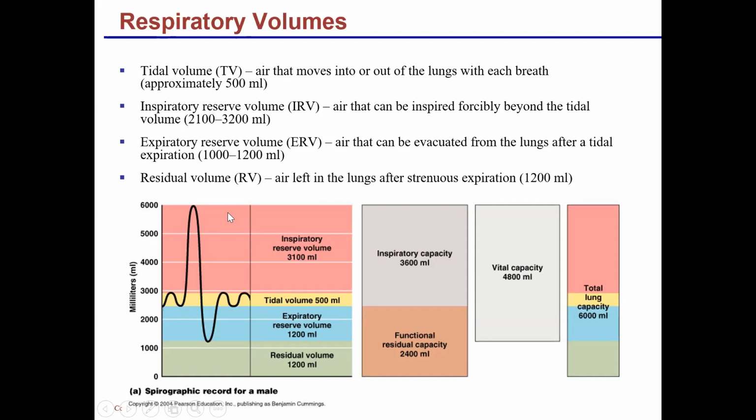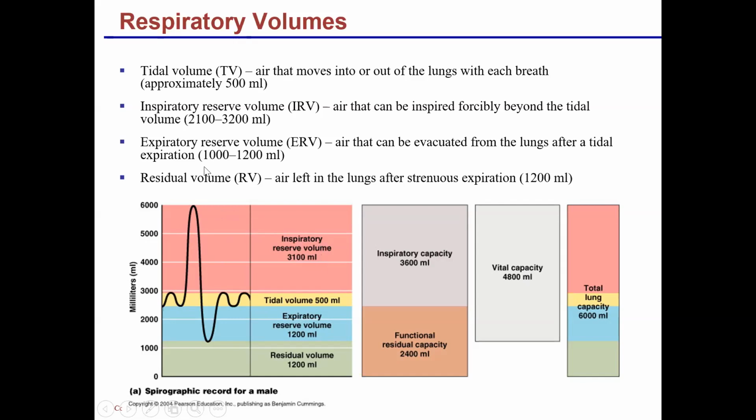These muscles' contraction will allow the thoracic cavity to increase its capacity and allow more air to come in. So this volume inhaled on top of the tidal volume is called inspiratory reserve volume.